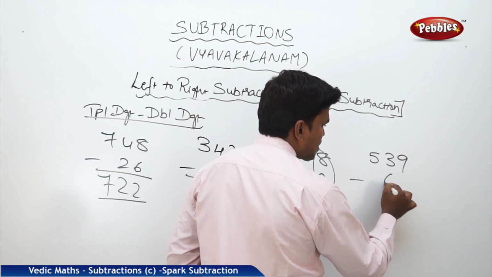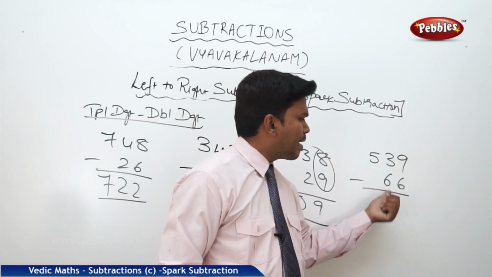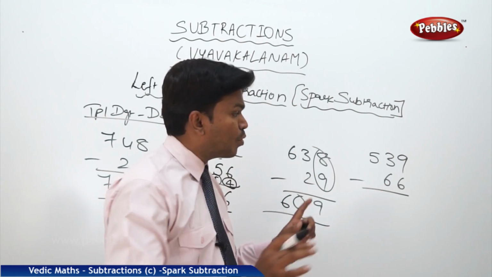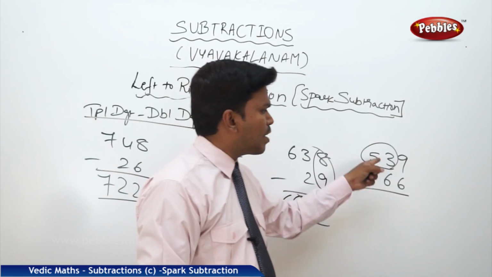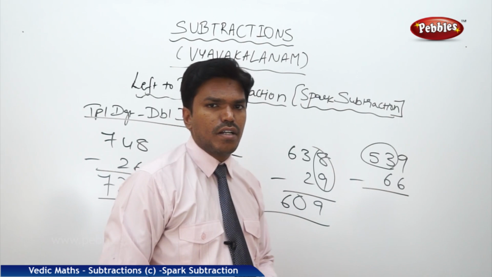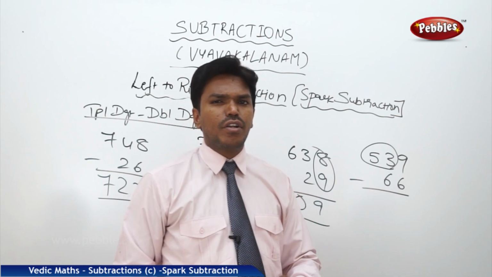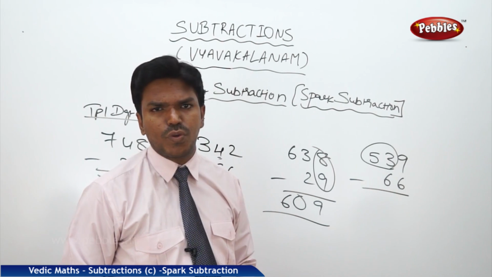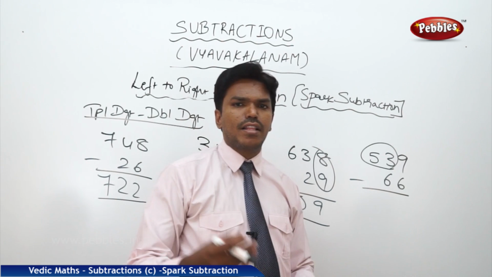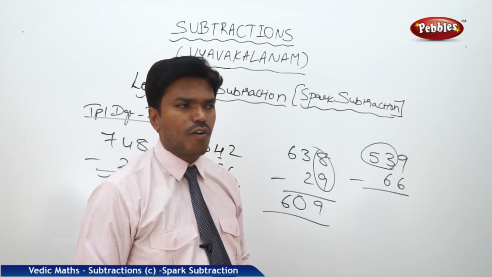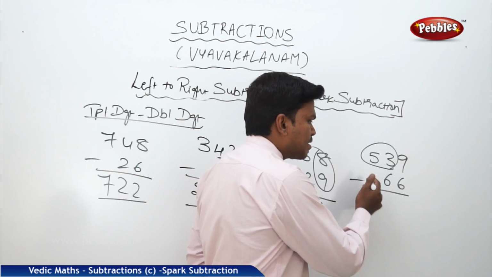539 minus 66. So what is 53 minus 6? You do one thing. Take these 2 digits directly. 53 minus 6 is how much? 47. Or if you think it is a little hard to do like that, just drop the first number 5 as it is.